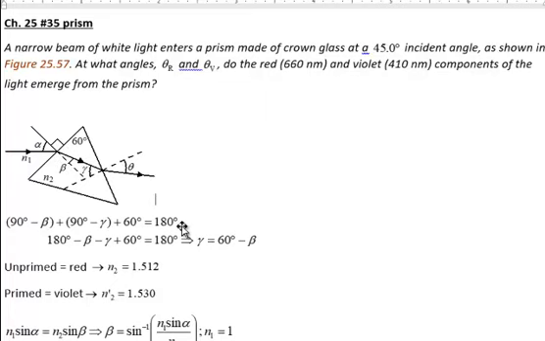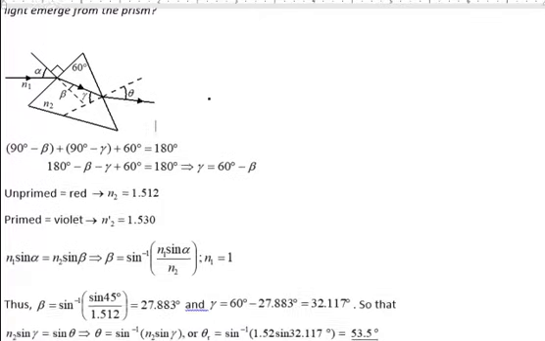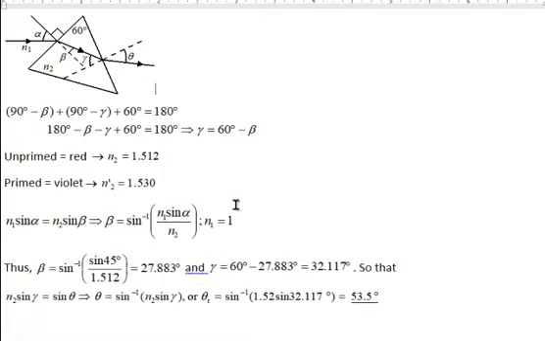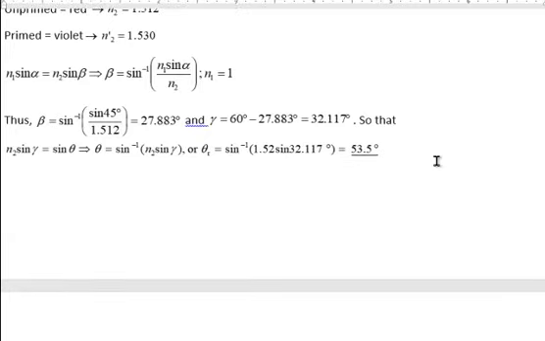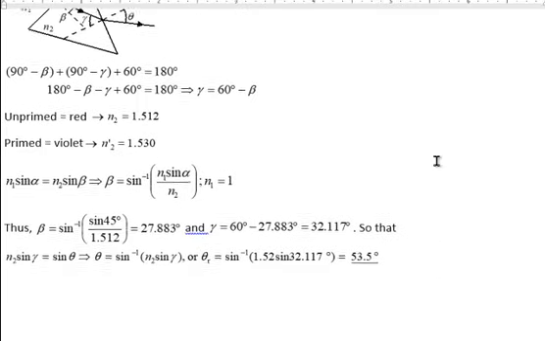This is what this algebra is about, and you figure out what that little angle gamma is. Okay, so now they're saying you have an incident ray coming from air, which has a refractive index of 1, coming in at an incident angle of 45 degrees, and then you go through the motions, and you do that twice, once for the violet and once for the red.